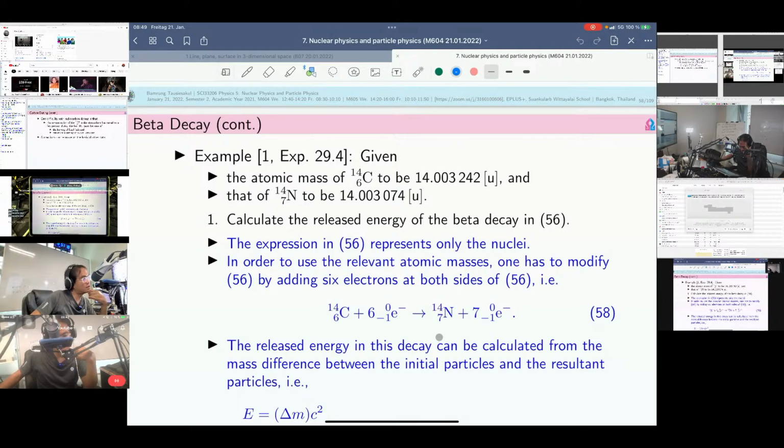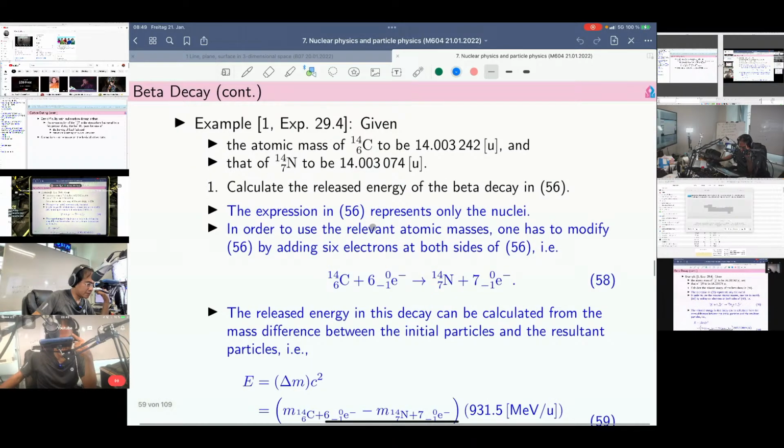So you could see that the output that has mainly the nucleus of the nitrogen 14 is 074, and this one 242, right? Carbon has more mass, right? It means the mass is reduced, the mass disappears. Not excess, I'm sorry for that.